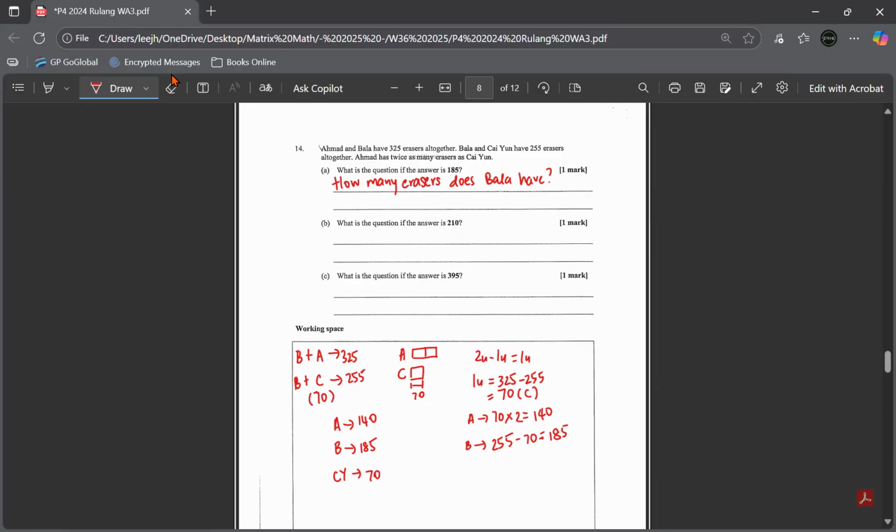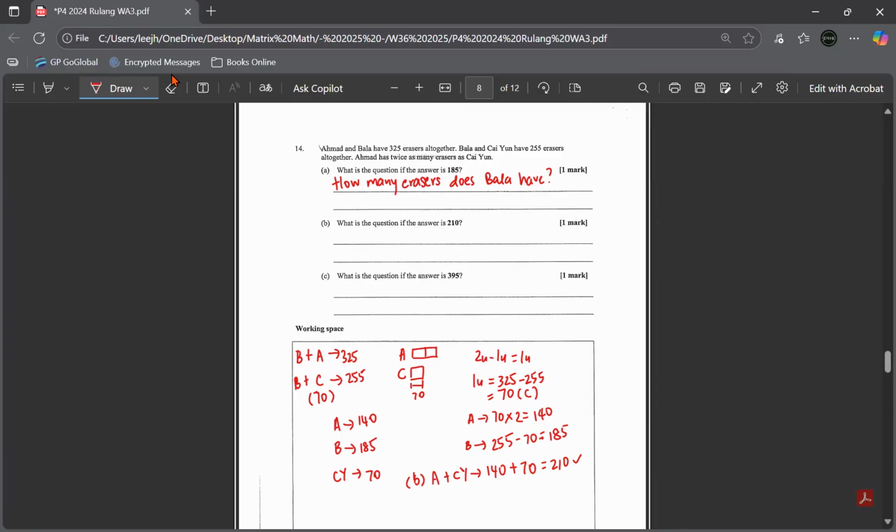Okay, but what about B? What is the question if the answer is 210? That means I need to add two people to get 210. You can see which two values make up 210. It's actually Ahmad and Cai Yun, because 140 plus 70 gives you 210.